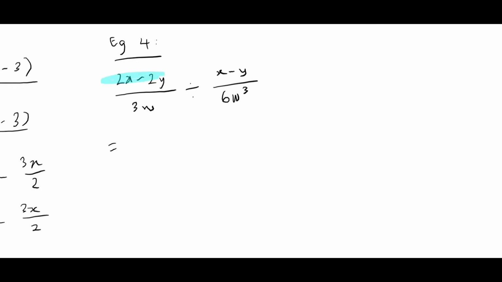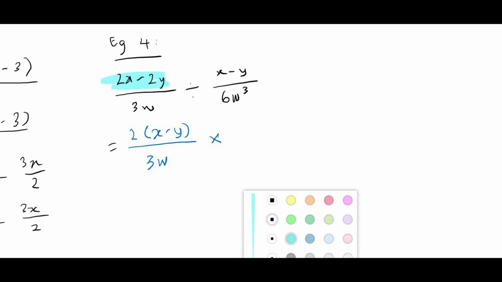At the same time, I want to factorize out this upper part here that I highlight in blue, so I can take out the 2 here, leaving with x minus y, and I switch the division sign to multiplication and reverse the entire fraction here. Remember, once you switch it to multiplication, you have to reverse the fraction, so I reverse and write it.